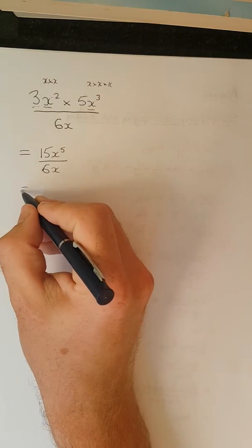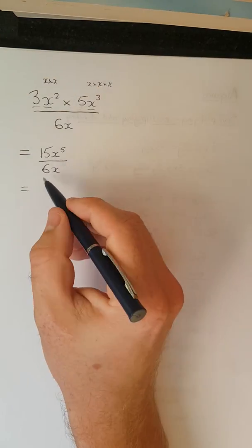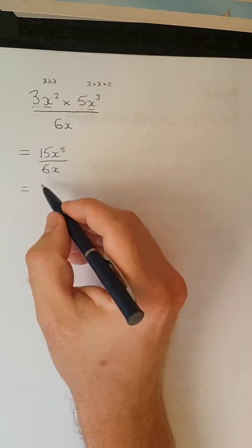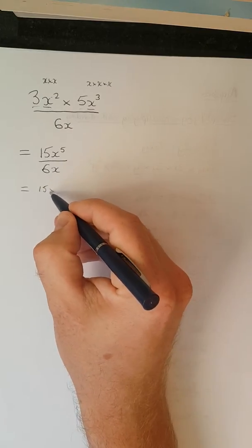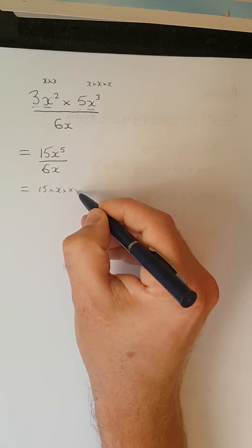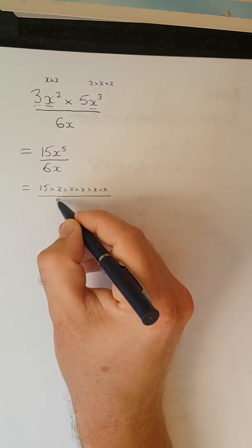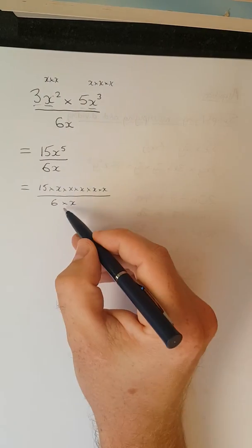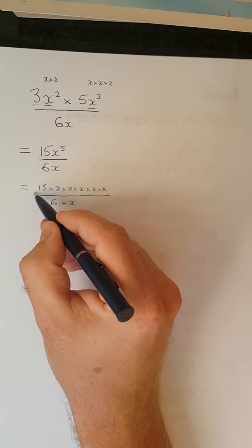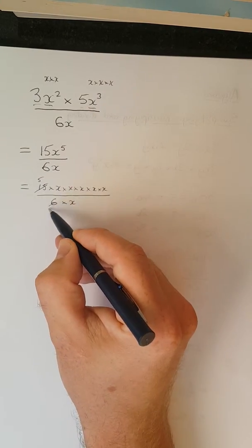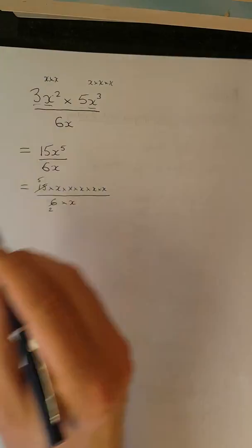Now, 15 divided by 6, that can be cancelled down. Let's write this longhand though, just to make sure we don't make a mistake anywhere. So, 15 divided by 6, divide both of them by 3.